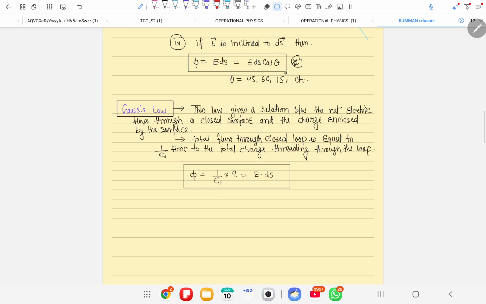So the interrelated diagram: first we draw a Gaussian surface.